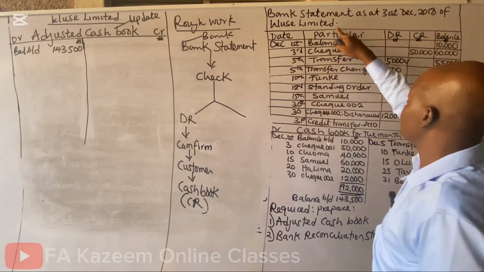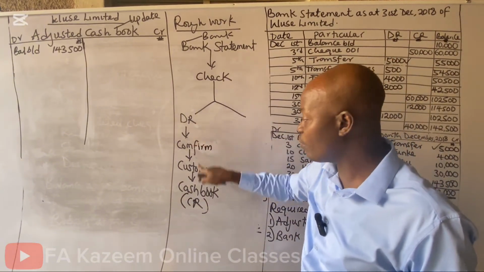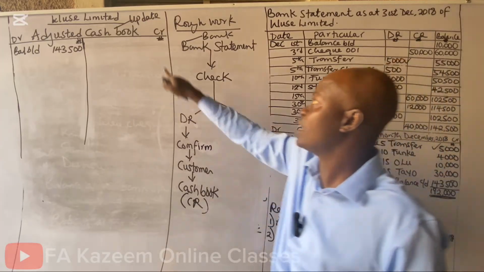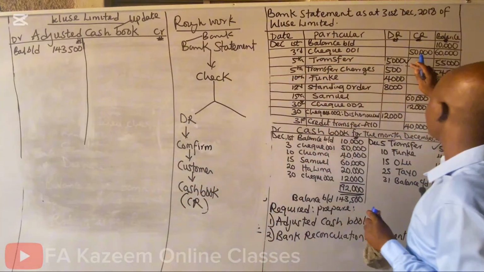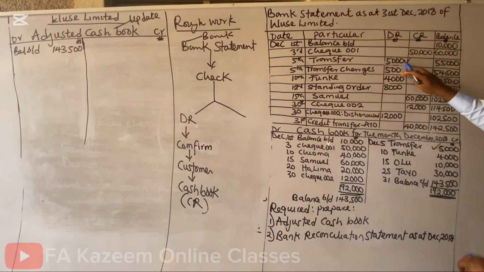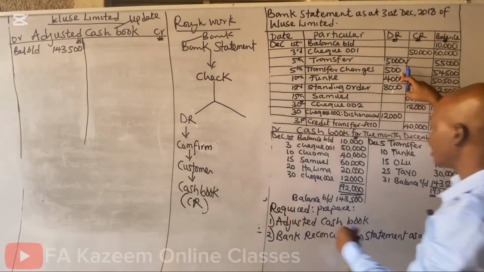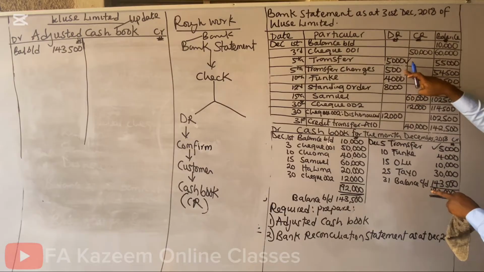First, check whether the item is recorded on the bank statement. Once you check the debit, confirm whether the customer recorded it on the credit. If he doesn't record it, help the customer to update. That's how you are reconciling. Now we have checked 5,000. Next is 500. The bank has recorded transfer charges of 500. We have checked it. Let's confirm it in our cash book. You see, the date is not there and this item is not there.